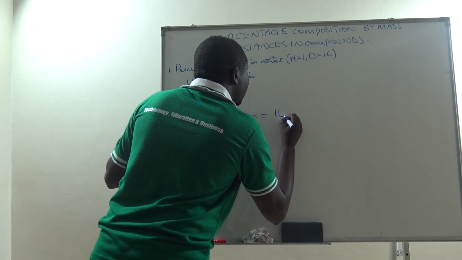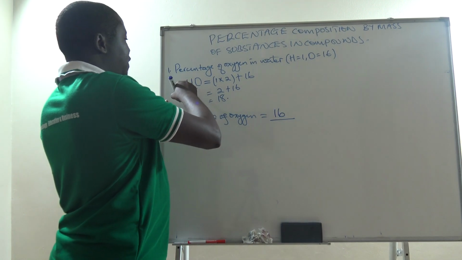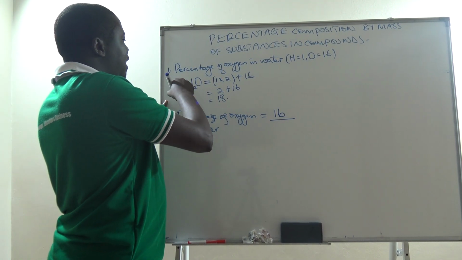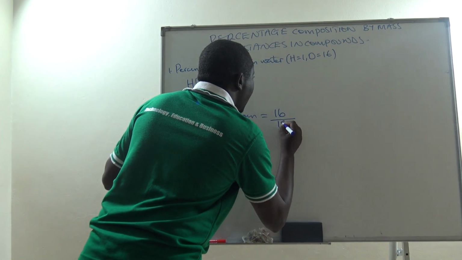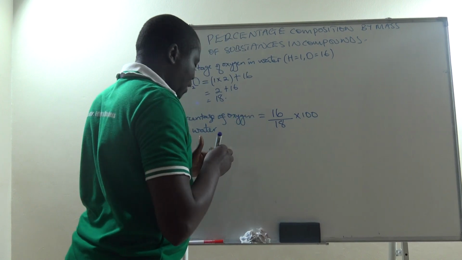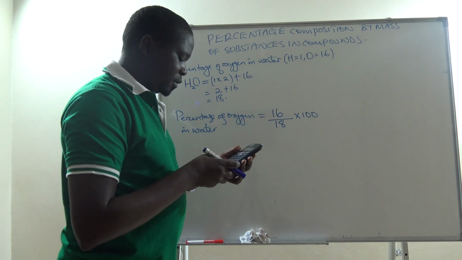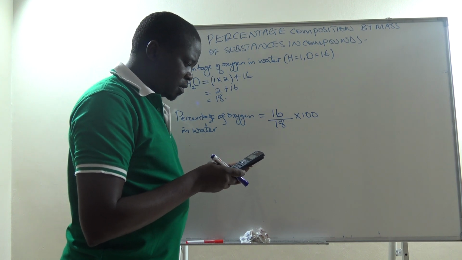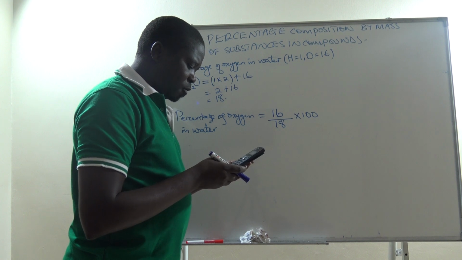So for oxygen it is 16 out of the total mass of this compound, which is 18 grams, and the relative formula mass is 18. So it will be over 18, and we multiply by 100. For the sake of simplicity, pick your calculator and we get this. So it will be 16 over 18, and we multiply by 100.